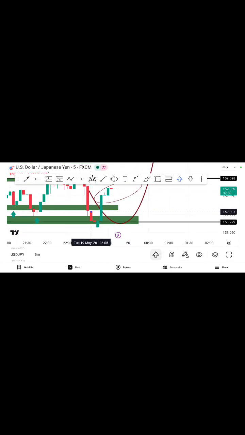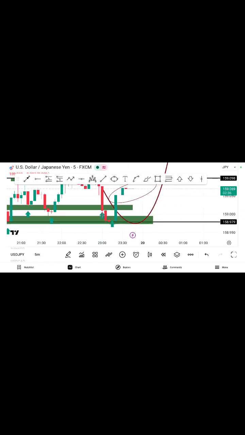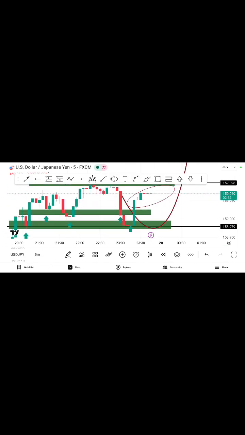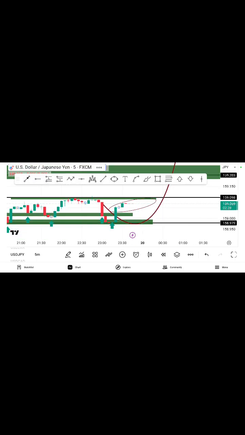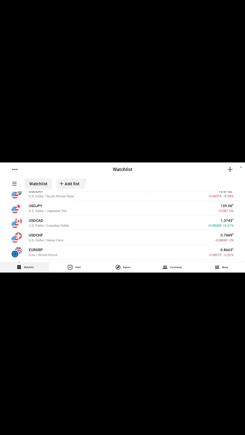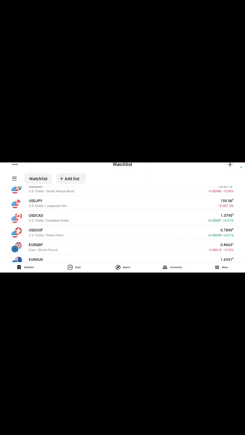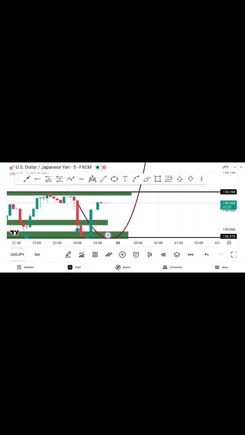We could have entered around these zones, right? We can at least afford this drawback, fine. But we cannot enter there. We are at that high. So what must we do? We must wait. We must wait for the market to dip, and then we can enter from here or anywhere near this area or this zone.